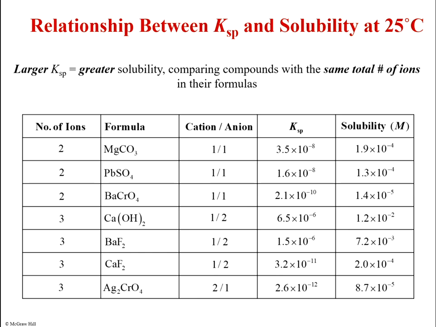So here we see for the first three, magnesium carbonate, lead(II) sulfate, and barium chromate, these are each 1-to-1 divalent salts. And you can see as the KSP decreases going from top to the third one down, the solubility decreases. The same thing happens when we have 3 ions produced with similar charges. As the KSP decreases, the solubility decreases.